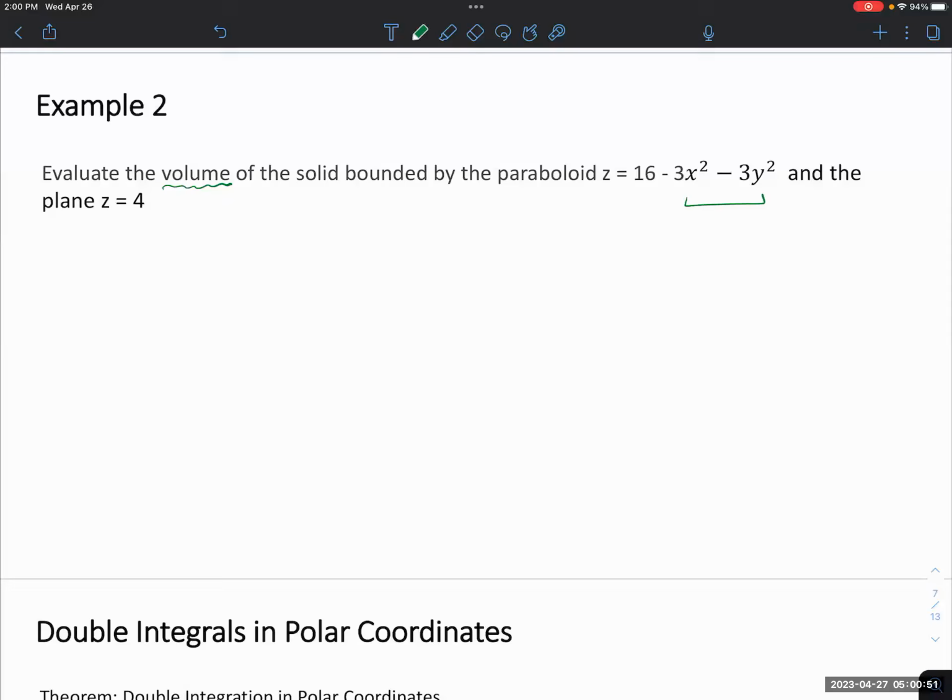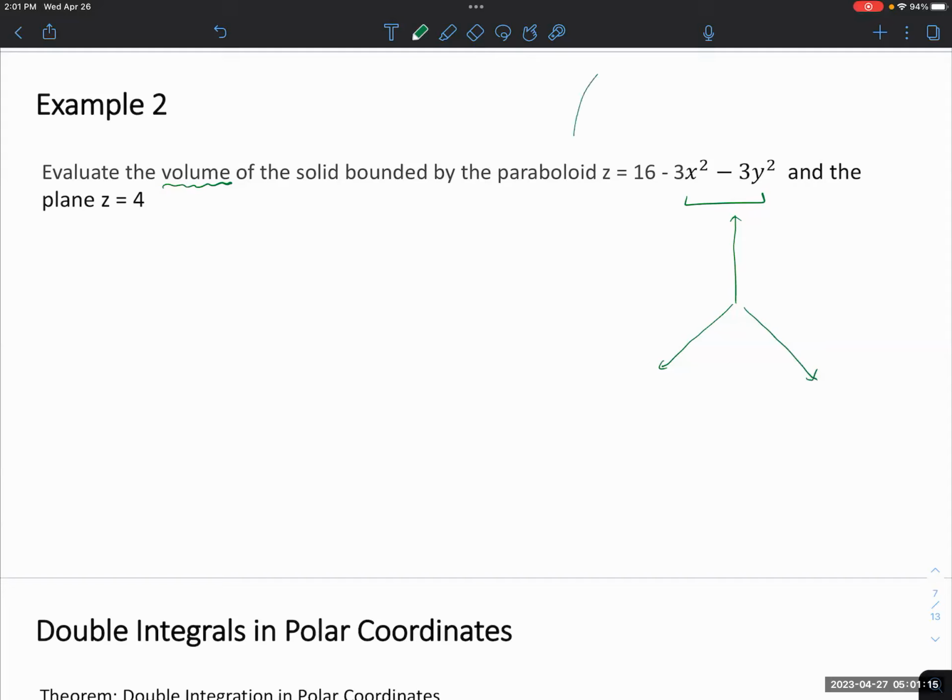So the paraboloid is z equal to 16 minus 3x squared minus 3y squared, and there is a plane z equal to 4. I'm just trying to imagine the graph. The paraboloid shape is going to be something like a volume going up. But do you remember, if we have z equal to something, the z-axis is the one opening.